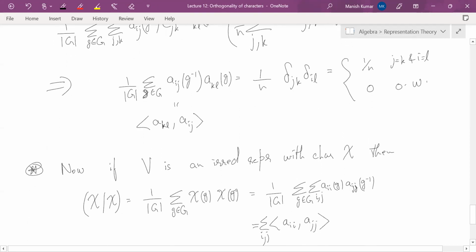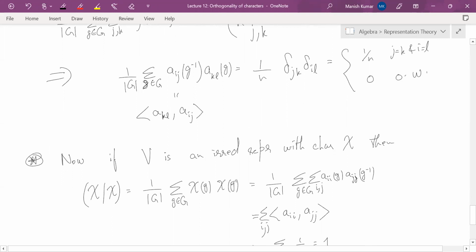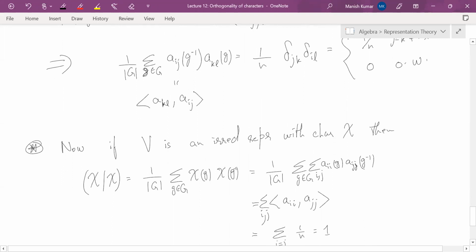Now if V is an irreducible representation with character chi, then what is this pairing chi over chi? That is just 1 over g, the sum of chi of g times chi of g inverse. Chi of g is the trace.